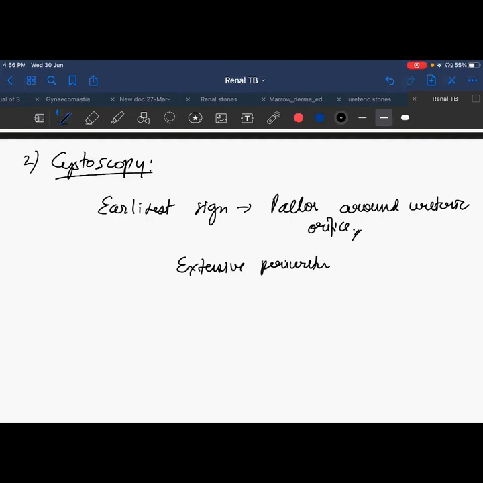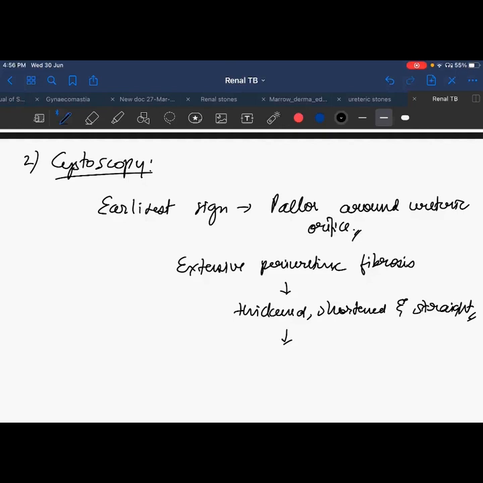Why? There is extensive periureteric fibrosis. Due to that, the ureter will become thickened, shortened, and straight. This ureter will become thickened, shortened, and straight.